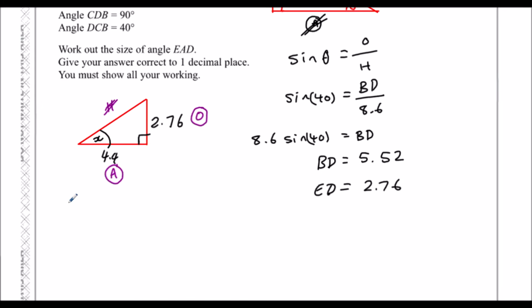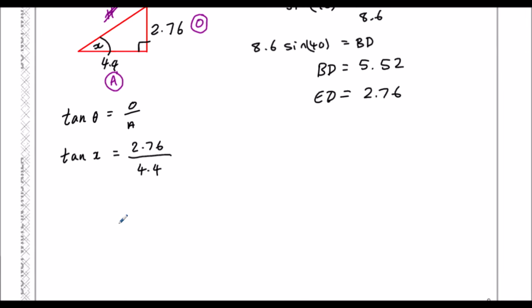So tan with the angle, tan theta is O over A. The angle this time is X, so tan X is equal to 2.76, the number in the calculator, over 4.4. And to get X by itself, we shift tan, arctan, both sides.